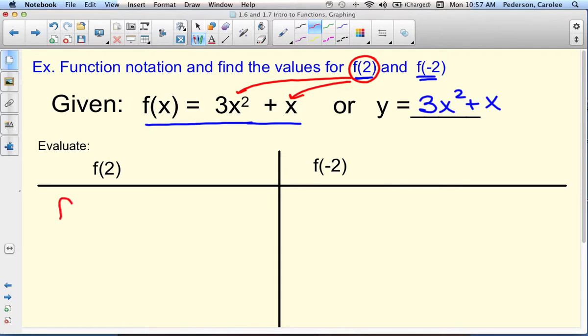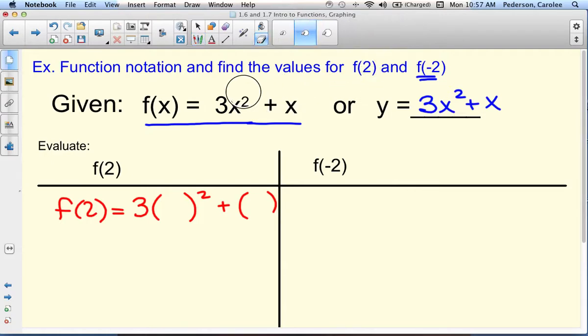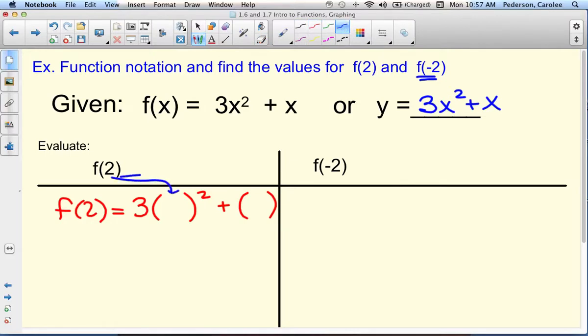So we say f of 2 equals 3. Now what's going to go in there? The 2. It's going to go into here and there. So I have a 2 replacing the x and a 2 replacing the x.